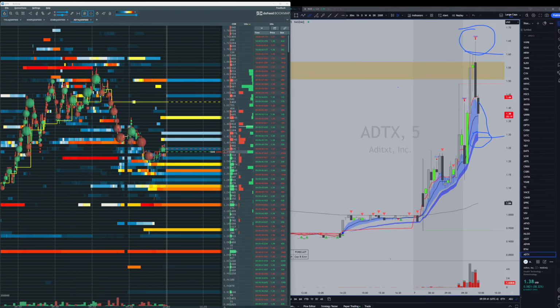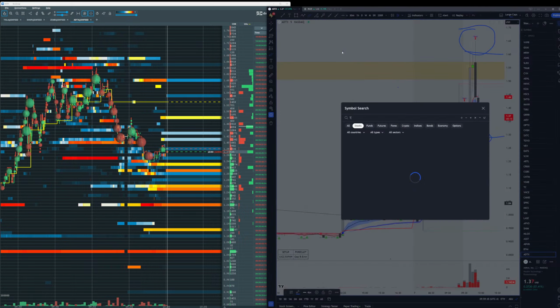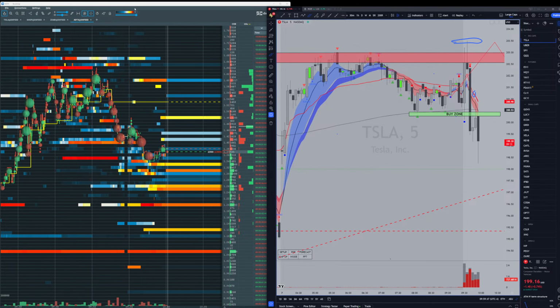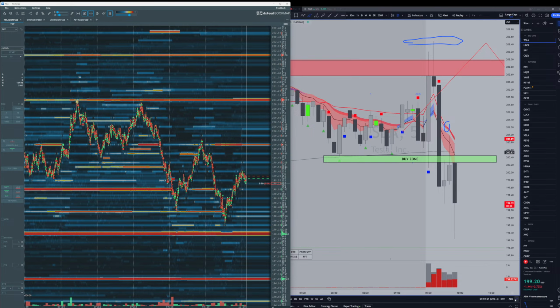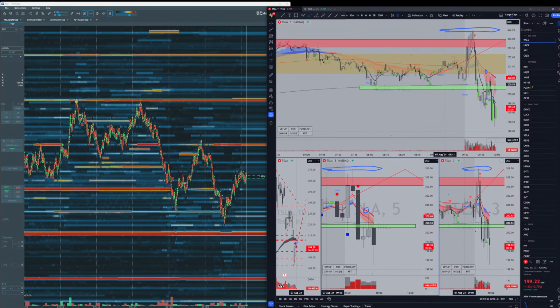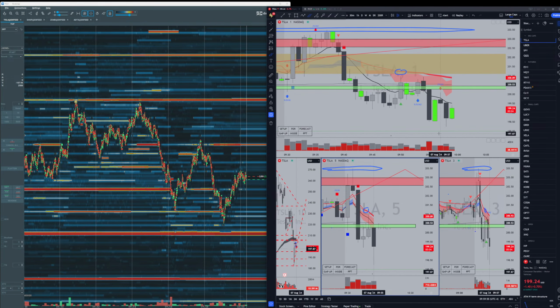Anybody else? Traders took over here ADTX. This is playing good. Let's go back on Tesla. We had the second rejection over here. James Slim came.